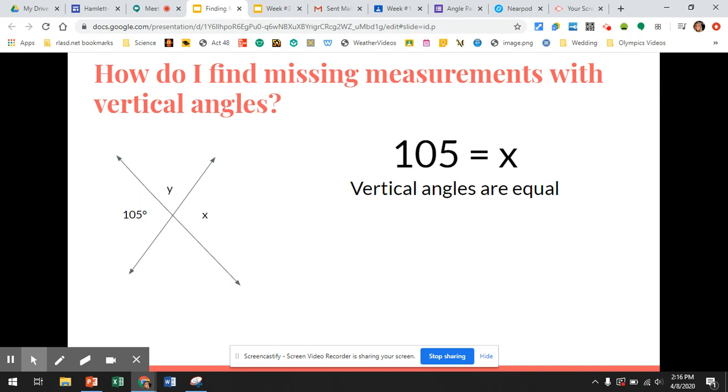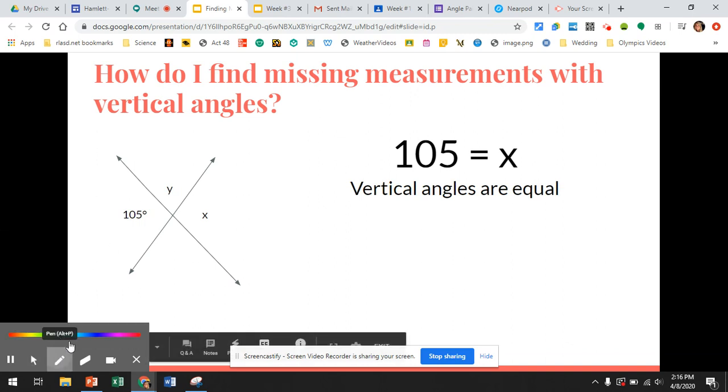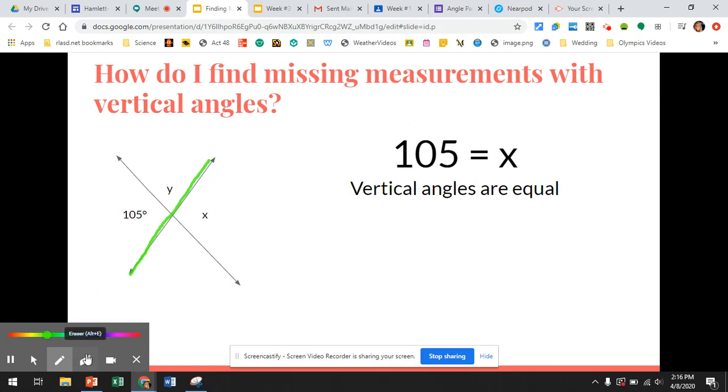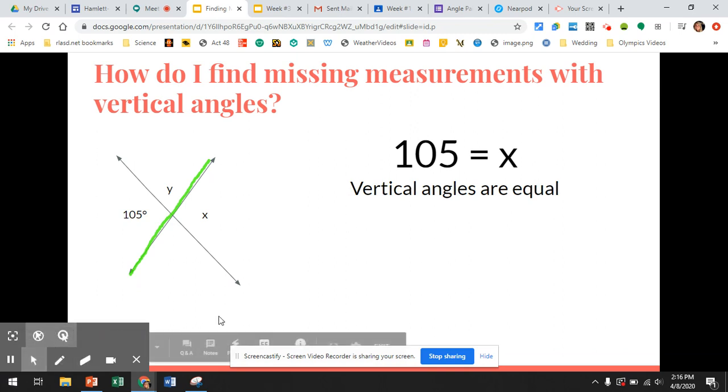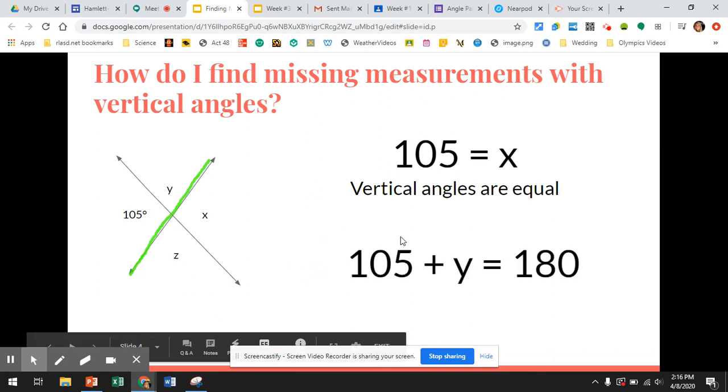What about if I throw y in here? Now we're going to use our knowledge from our previous problem, all right? So as you can see, let me grab a little pen here. This 105 and y form a straight angle, which we know is 180 degrees. So let's set that equation up. So we know 105 plus y is going to equal 180 degrees.